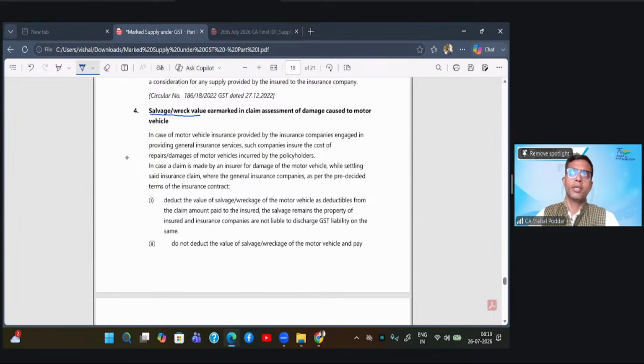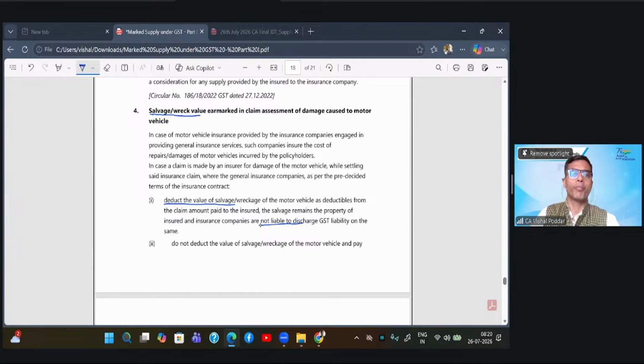One possibility is they will take over the salvage and sell it in the market and get money for that, or they will deduct the value of salvage from your insurance claim and give you the net amount. The question is, whatever salvage they are taking, is it that you are selling the salvage to them? Is it that you have done some supply of salvage to them, and whether GST is payable?